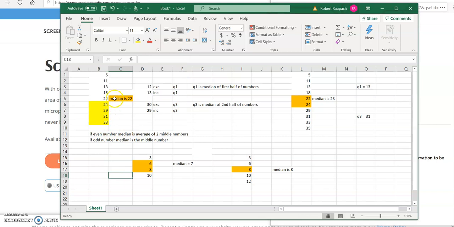If I am excluding the median, these are the four numbers I'm taking the median of for Q3. And again, because there's an even number of data points, that is the average between the two middle numbers, which is the average between 29 and 31, which is 30. So if I exclude the median for Q3, Q3 is 30.